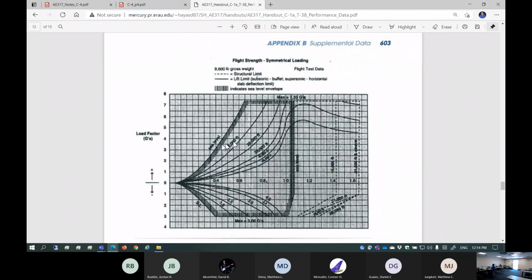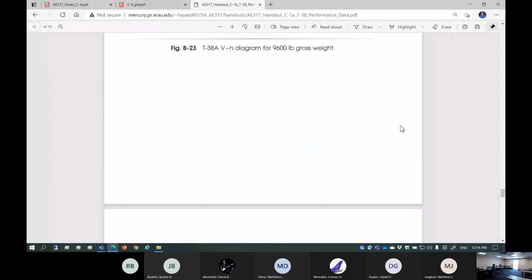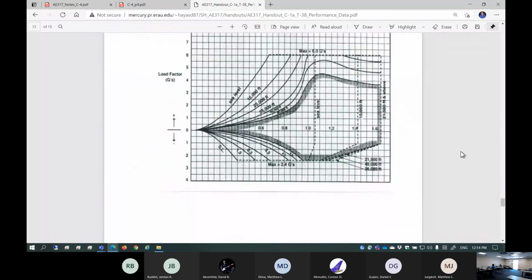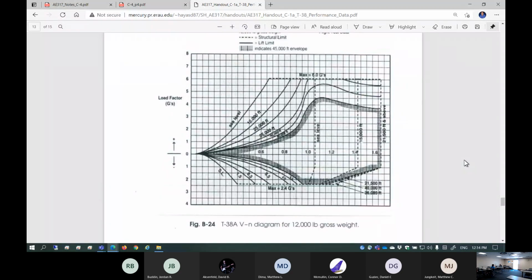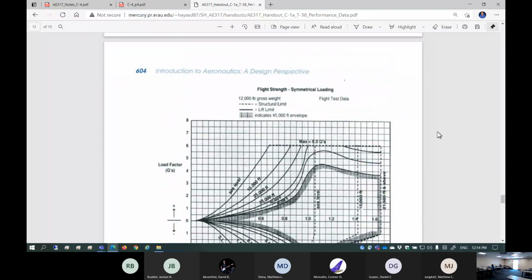So this is sea level, 15,000, 25,000. This is the VN diagram for the T38. This is another VN diagram for 12,000 pounds gross weight. And then what is the altitude? The altitude is variable.